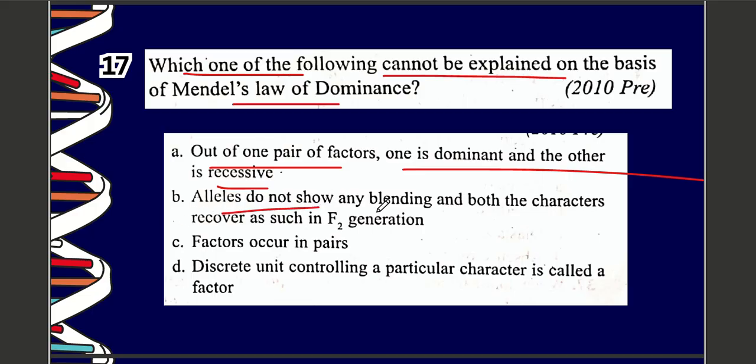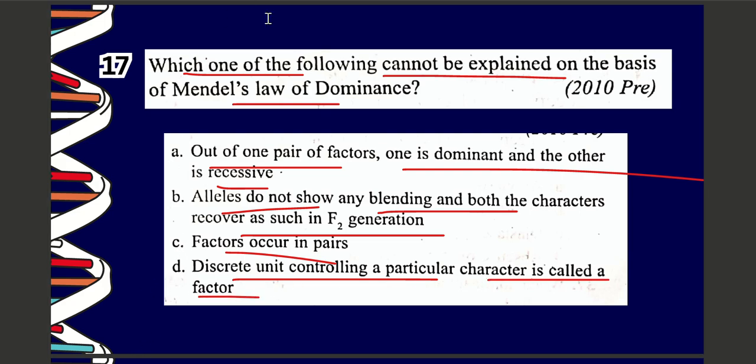B. Alleles do not show any blending and both the characters recover as such in F2 generation. C. Factors occur in pairs. D. Discrete unit controlling a particular character is called factor. The correct option is option number B, which is alleles do not show any blending and both the characters recover as such in F2 generation.